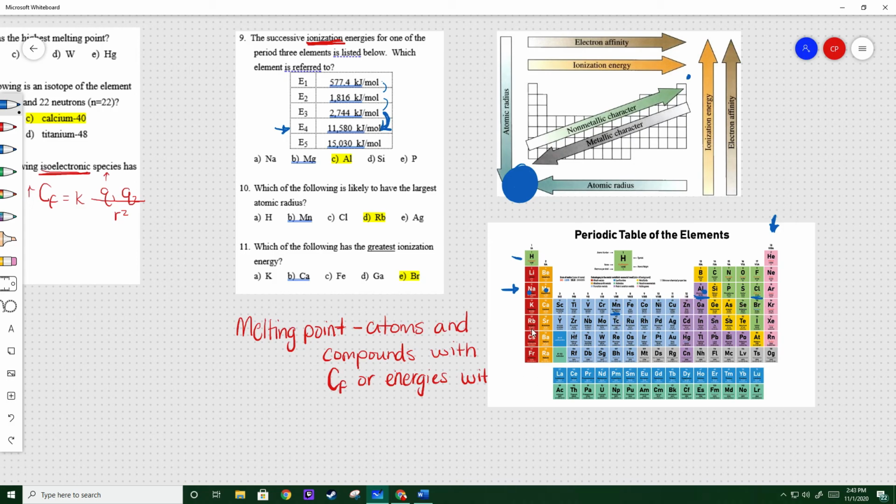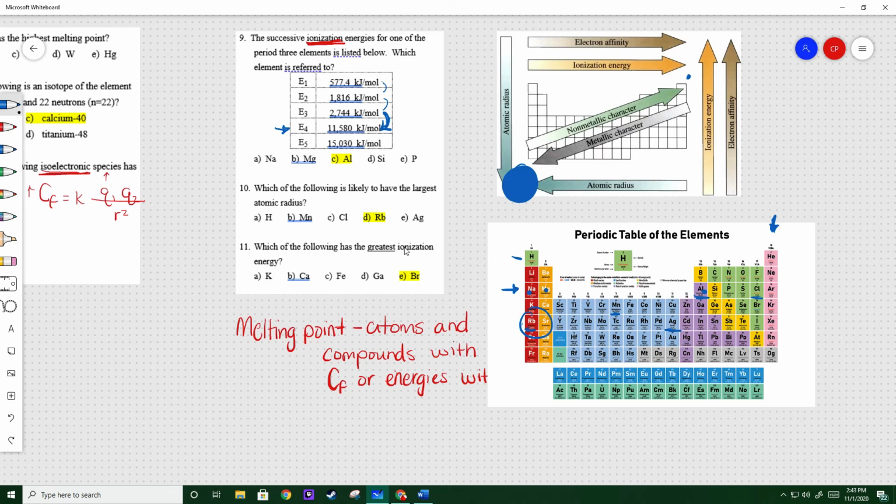We have rubidium over here. And then we have silver right here. So right away we're going to look towards this corner, and we see that rubidium is the lowest, and it's also the most to the left. So rubidium would have the highest atomic radius.